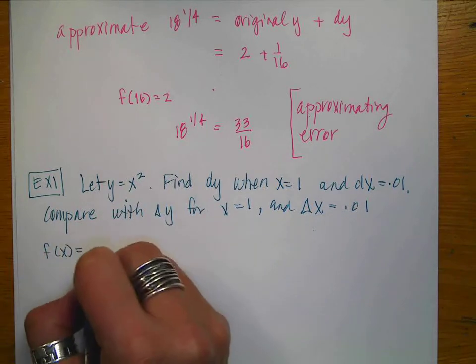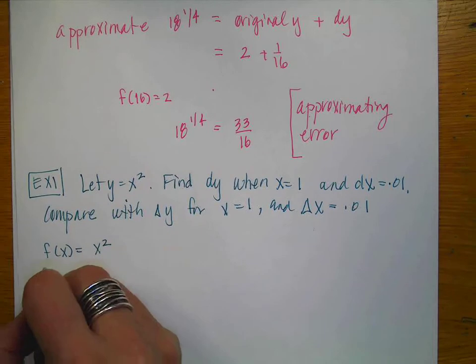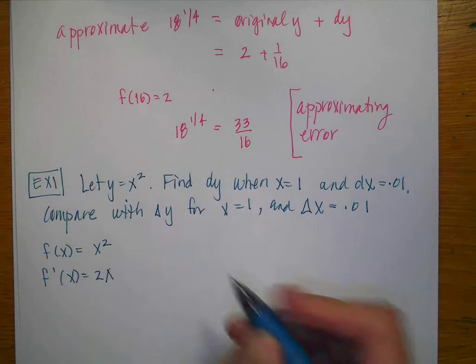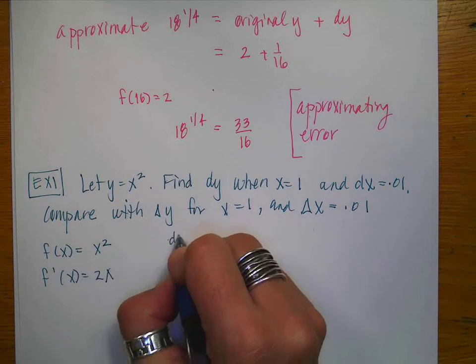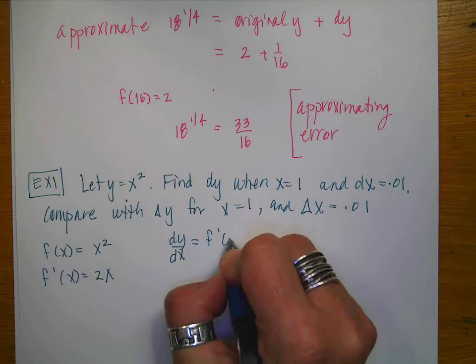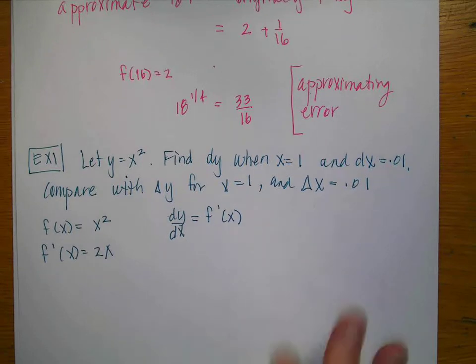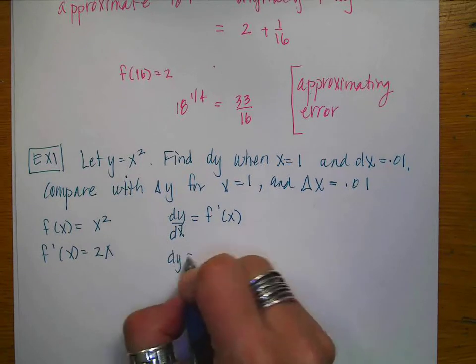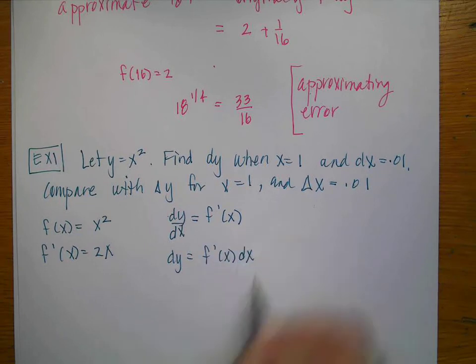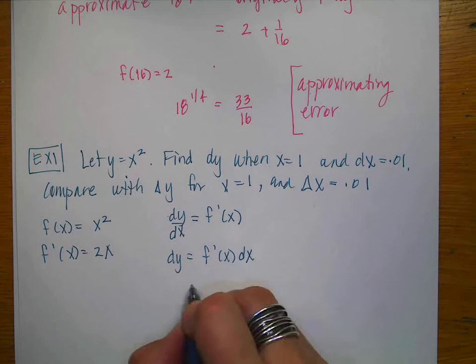So I'm going to write down the equation that I was given. f of x is equal to x squared, and I'm going to write down f prime of x is equal to 2x. So I know that my dy over dx is equal to f prime of x, so that's just a differential equation, and I get dy is f prime of x times dx.